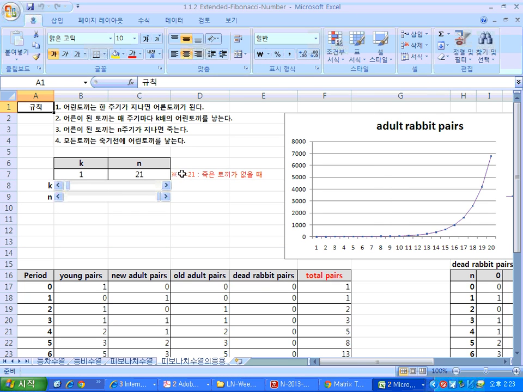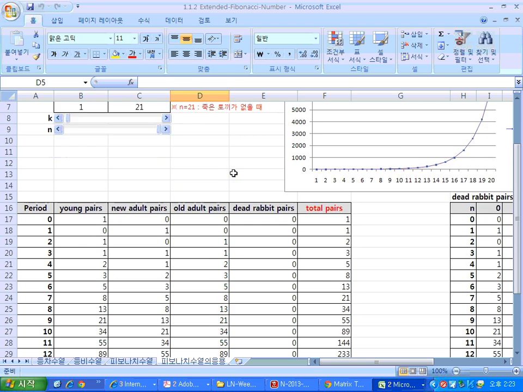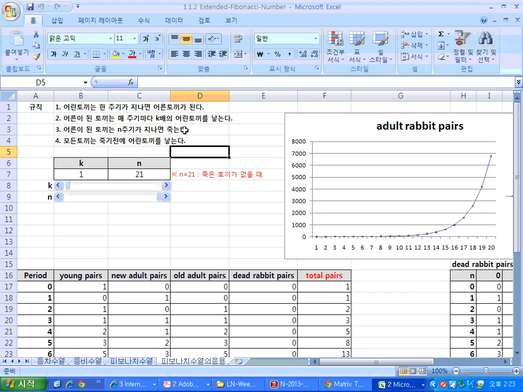This is the model, but in the general form of the extended model with the death rate.